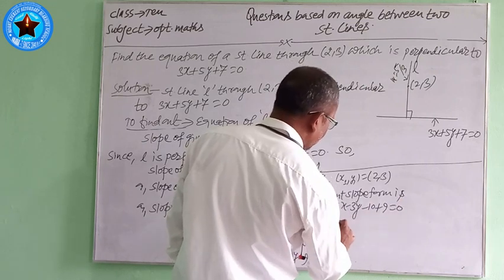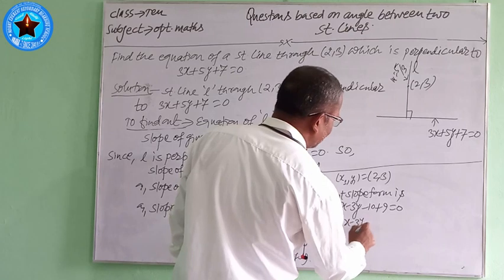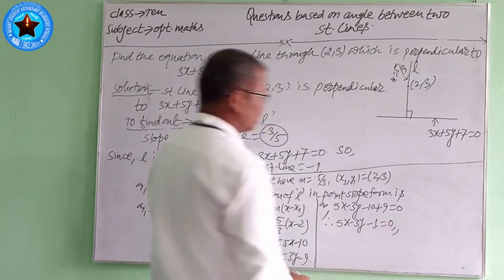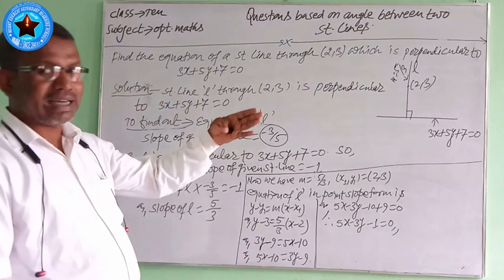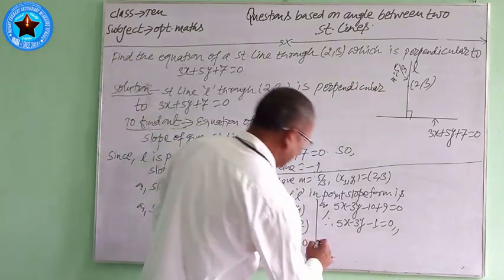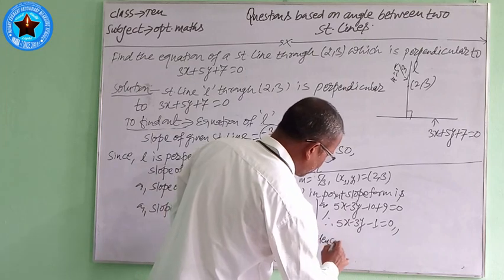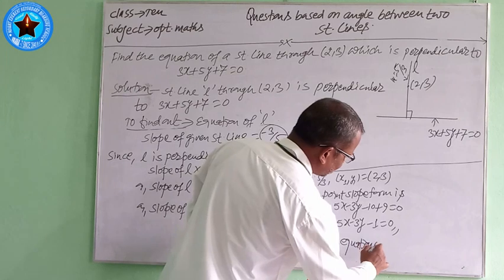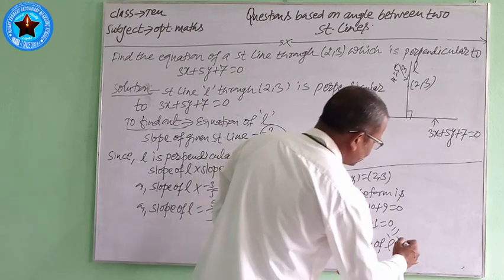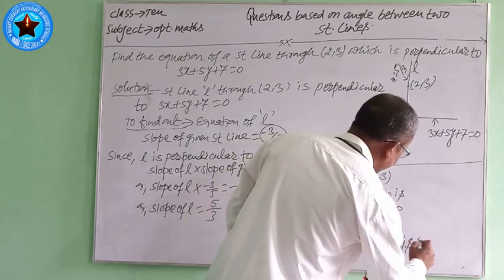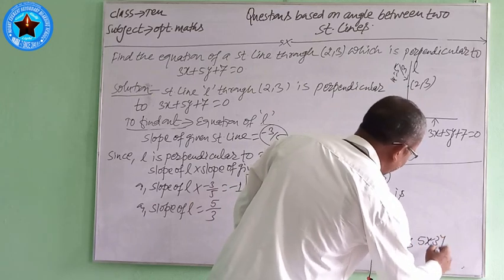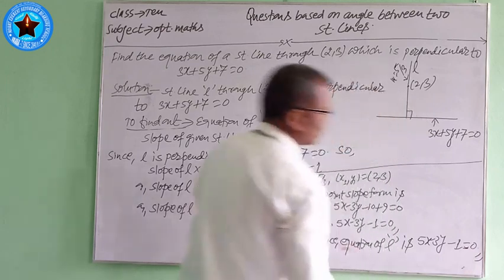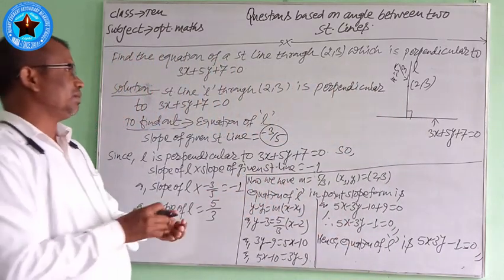Therefore, 5x minus 3y minus 1 equals 0. This is the equation of L. Hence, the equation of L is 5x minus 3y minus 1 equals 0. This is the required equation of L.